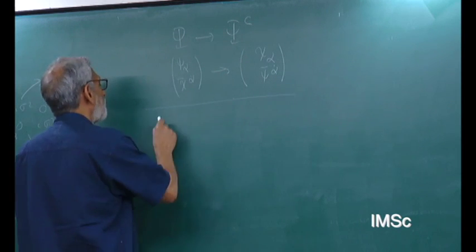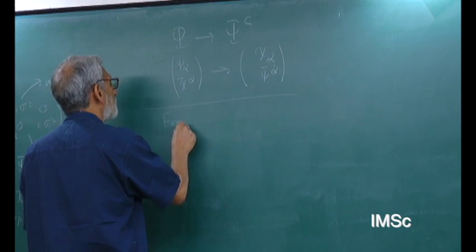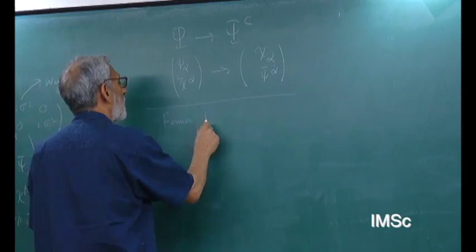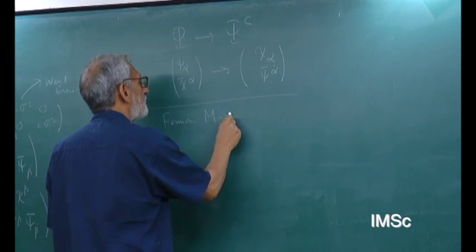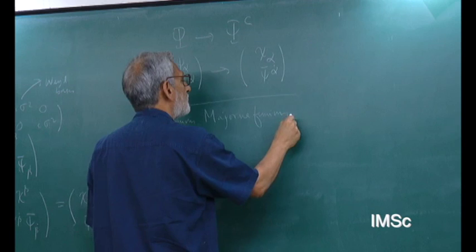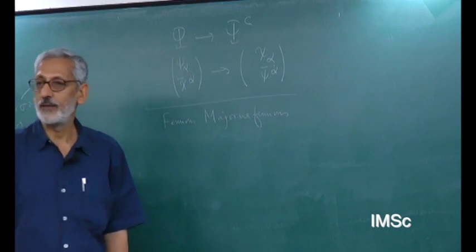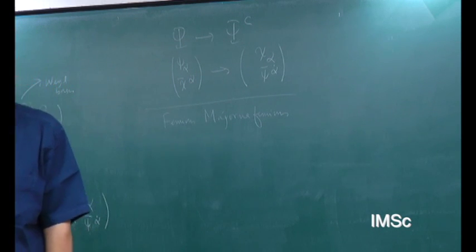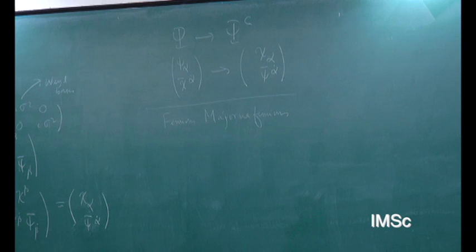Now, there is a class of fermions called Majorana fermions. By definition, a Majorana fermion is a self-conjugate fermion. It's its own conjugate. A Dirac fermion is made up of an electron and a positron, so there is a particle and an antiparticle. Majorana fermions are their own antiparticles.